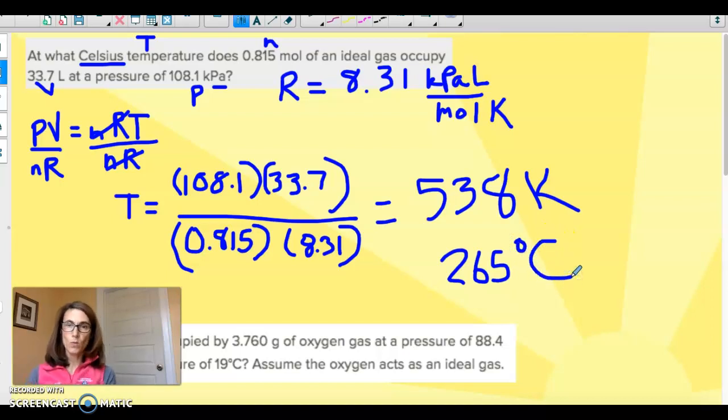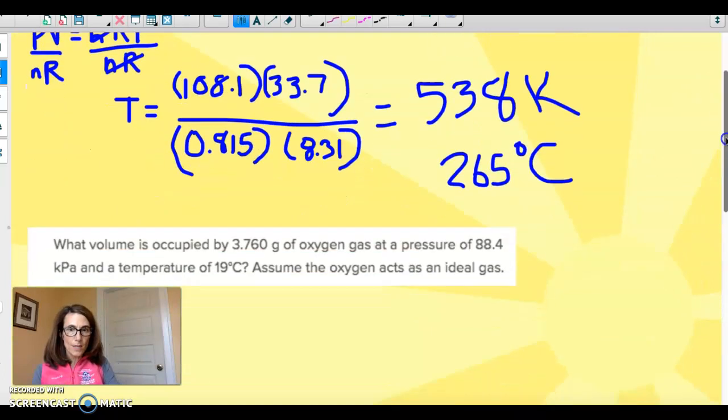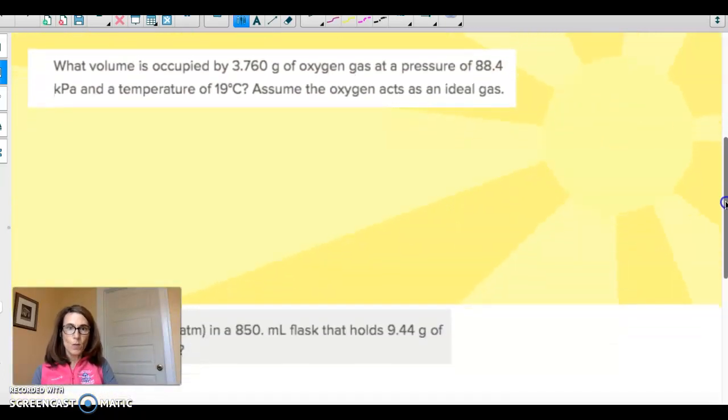All right, so that's one example. Now, if we look at our second example, this time we're given grams of oxygen gas. So remember, that's our mass, but we're going to have to use that to get our moles, okay?